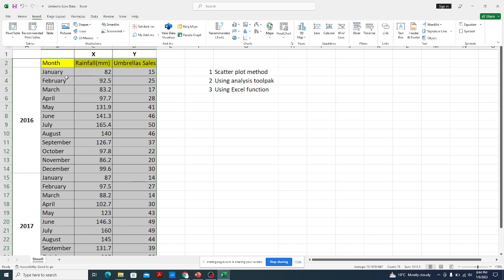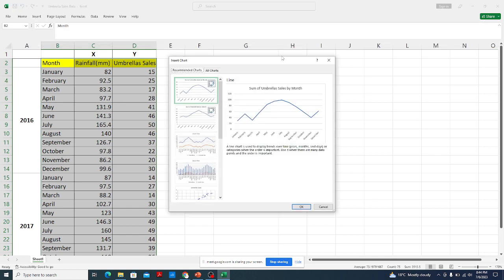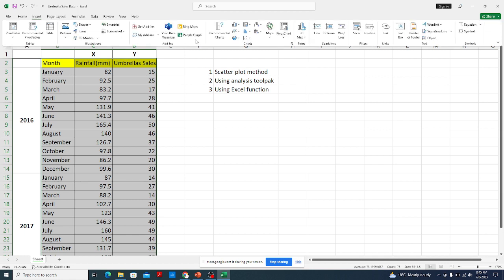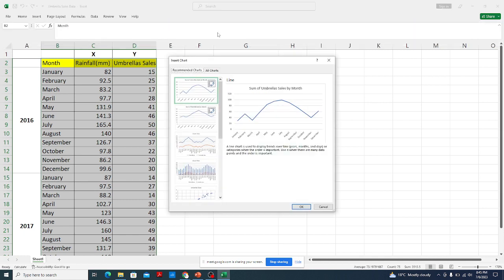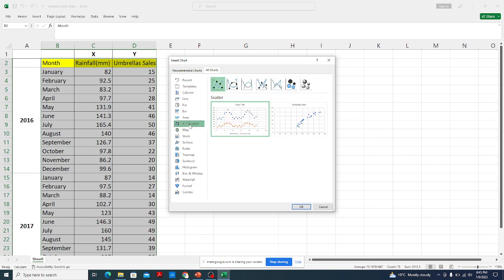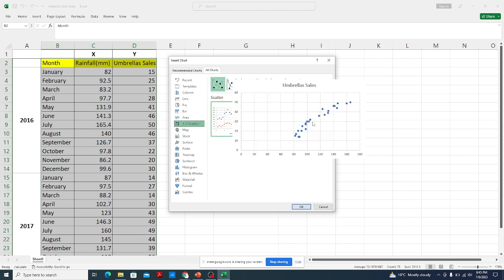So we have to insert our scatter plot, and to do so, you highlight your data, then go to Insert, Recommended Charts, then All Charts, and then XY Scatter. Under scatter plot, you can see we have two scatter plots.